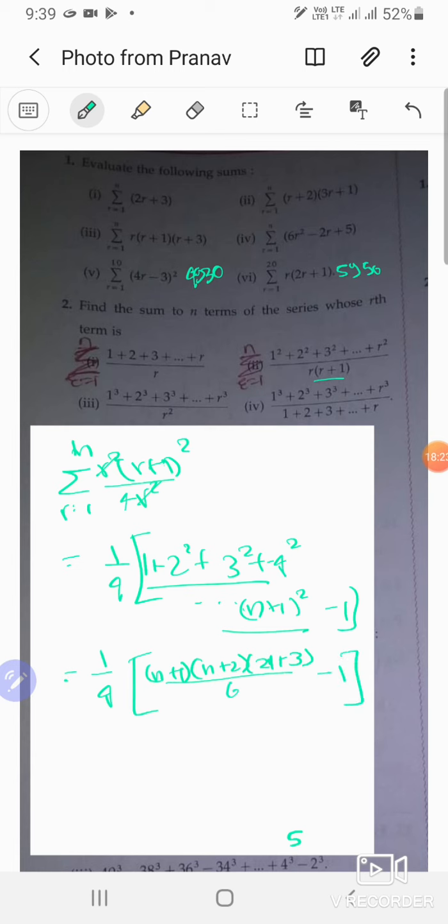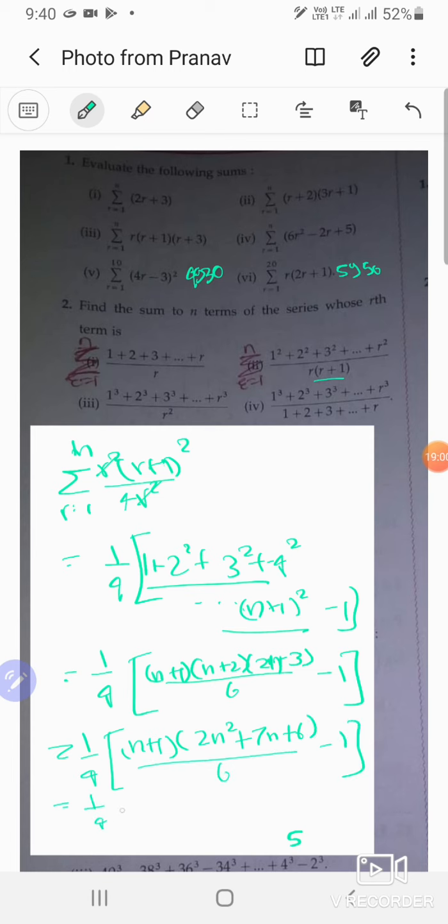So yes, you can obviously expand this and see what it turns out to be, but I'm not going to do all that. Or maybe I should in fact expand this. How bad can it go? So yeah, let's expand this. It's supposed to be 1/4 of n plus 1 into 2n plus 3, so 2n squared, and then 4n plus 3n is 7n plus 6, this thing upon 6 minus 1.